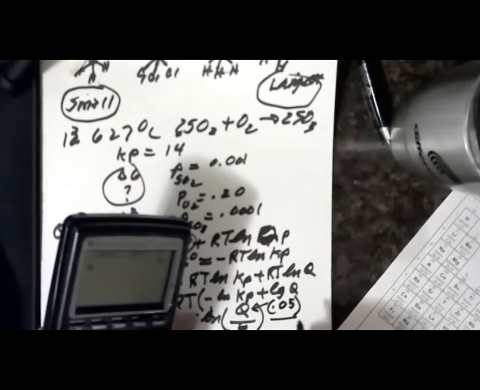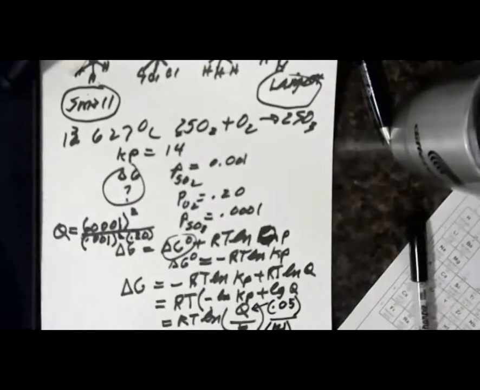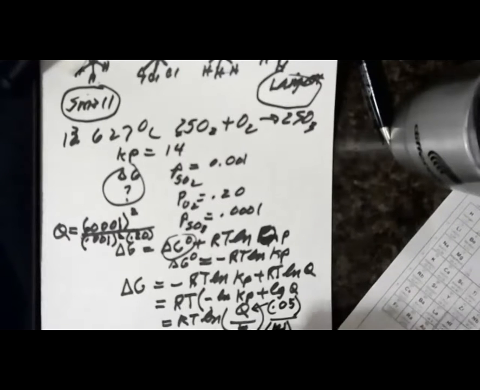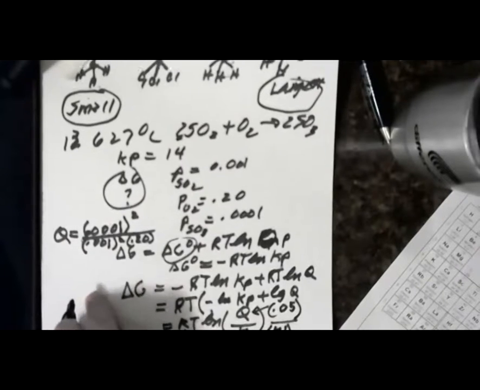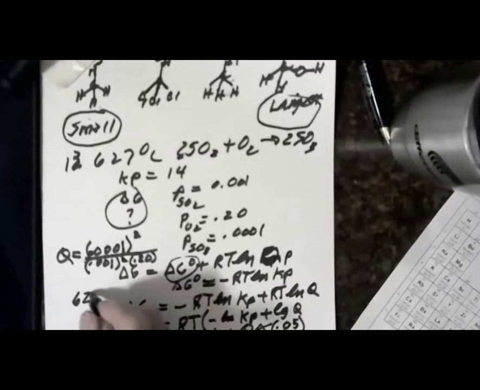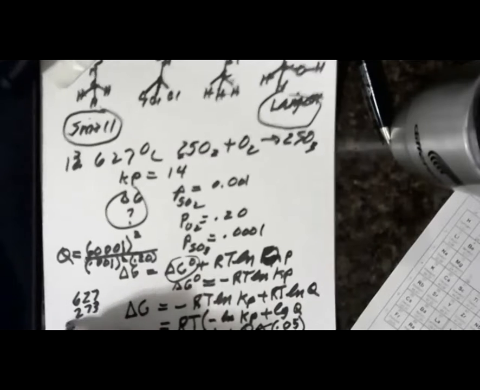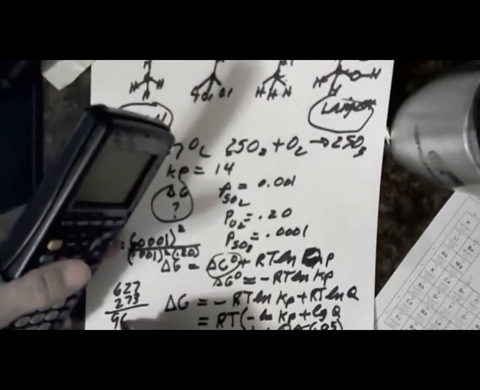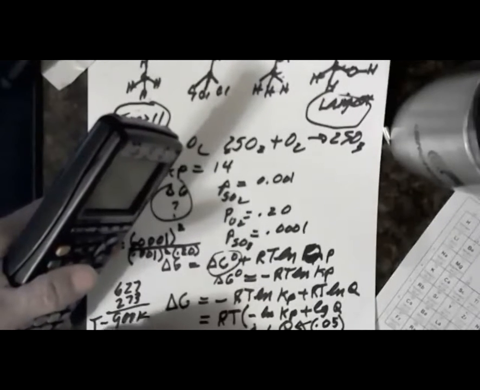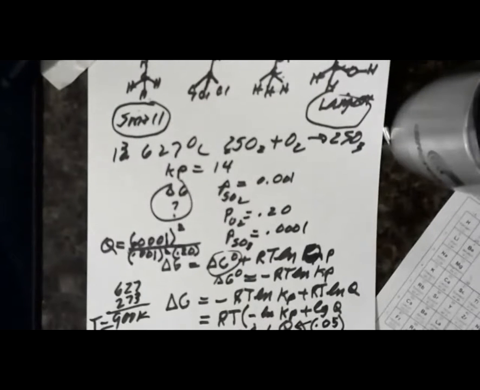And K, we were told, was 14. So 0.05 divided by 14 should give us this part here. So I want to take this part times R times T. Now the temperature, we've got to be a little careful. 627 plus 273, that's going to be 900 kelvins.